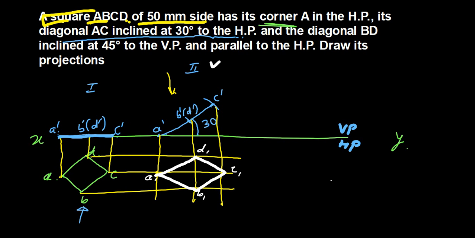And the diagonal BD is inclined 45 degree to VP. So the diagonal BD, BD is this one. So this BD is making 45 degree to the VP. Okay, so here you have to draw one more line, angle of 45 degree from here. Okay, so take an angle of 45 degree.